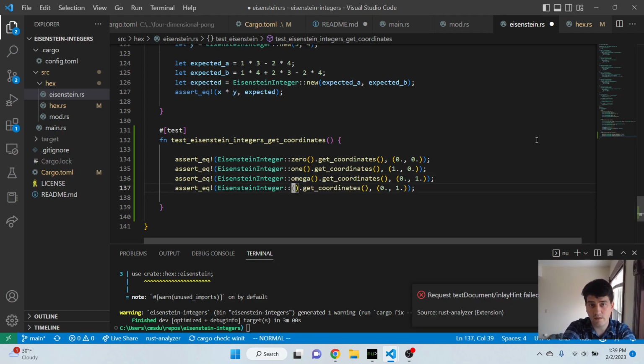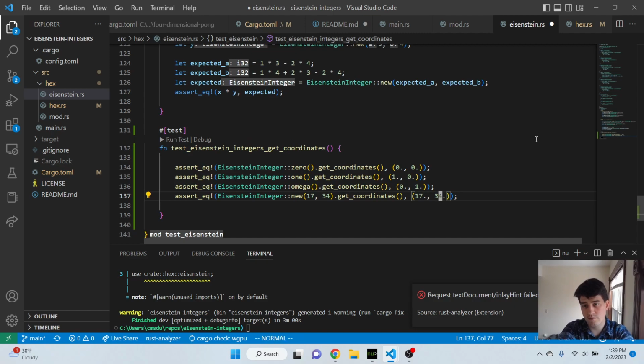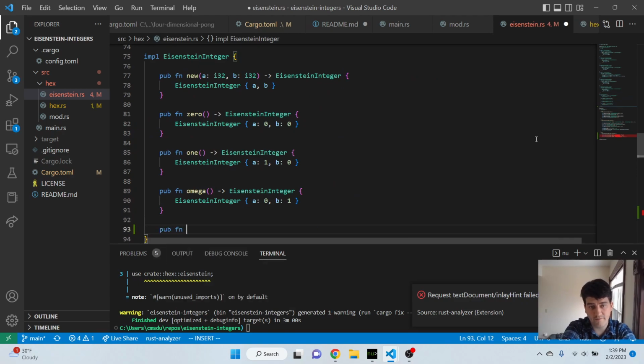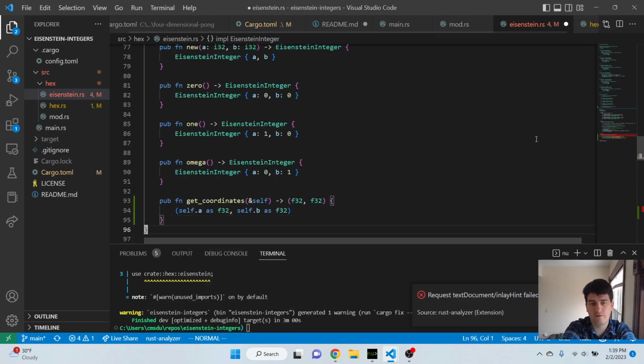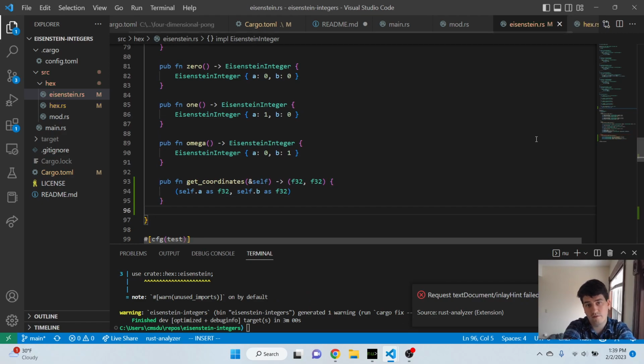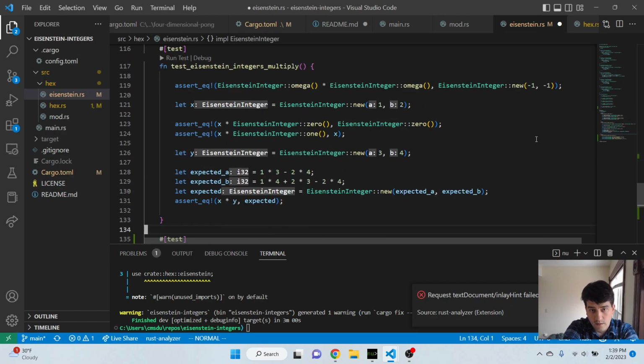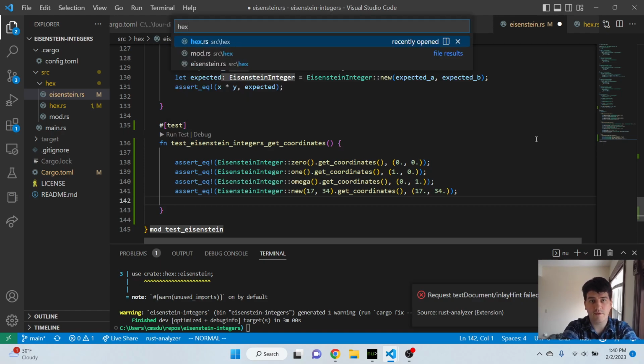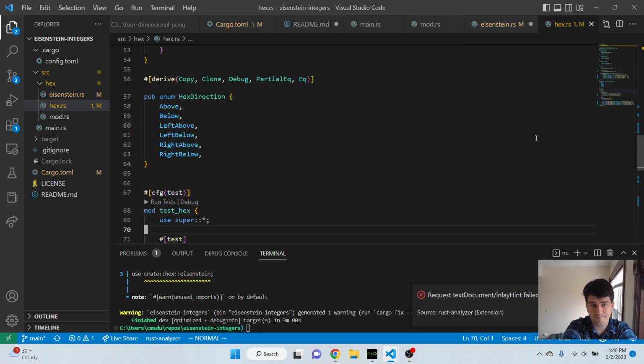Spot, like new 1, 7, 3, 4. And then here we'll have pub function get coordinates, and yep. Sweet. Okay, and then we can do the same thing for hex.